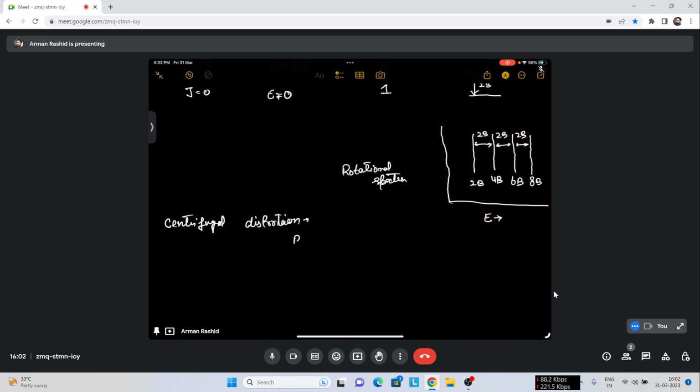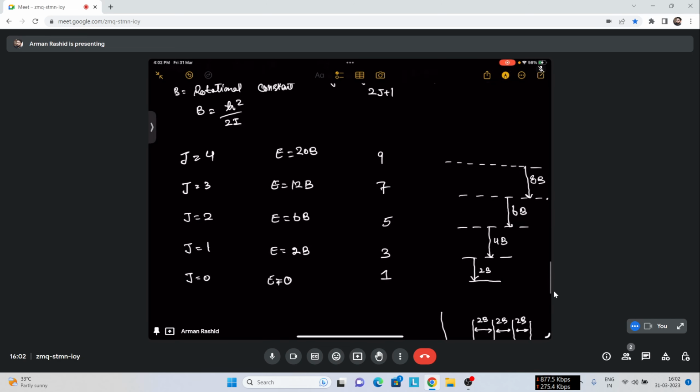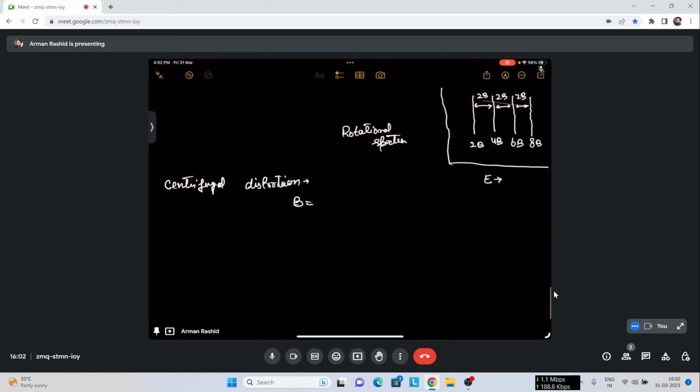since B is given by h cut squared divided by 2I, which is h cut squared divided by 2 mu r squared, where mu is the reduced mass and r is the separation.